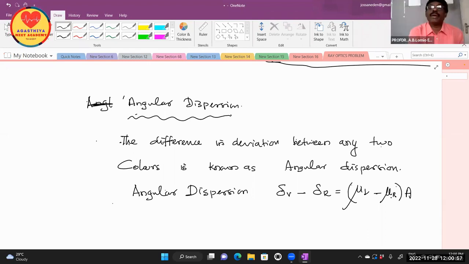Delta is equal to (mu minus 1) into A, or in other words, (mu suffix V minus mu suffix R) into A.